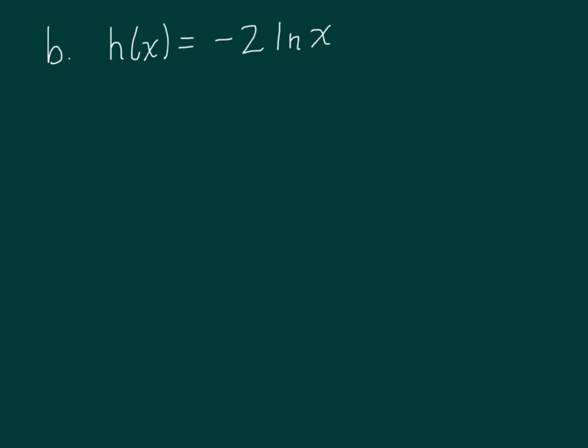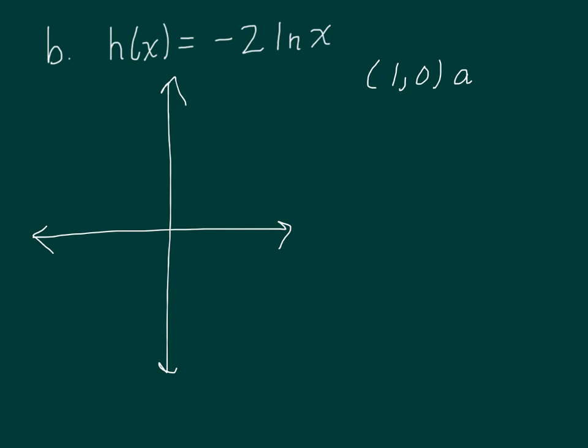Okay, and I wanted to do an LN graph. And notice this graph doesn't have an H or a K. And when we start our graph, we're going to do 1, 0, and your base, and 1.